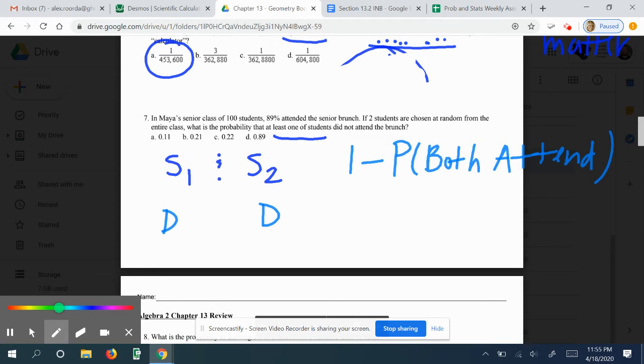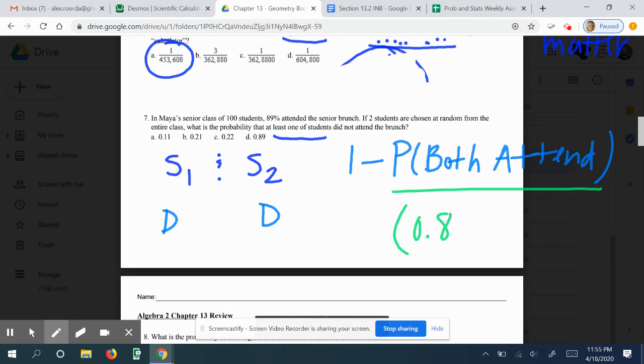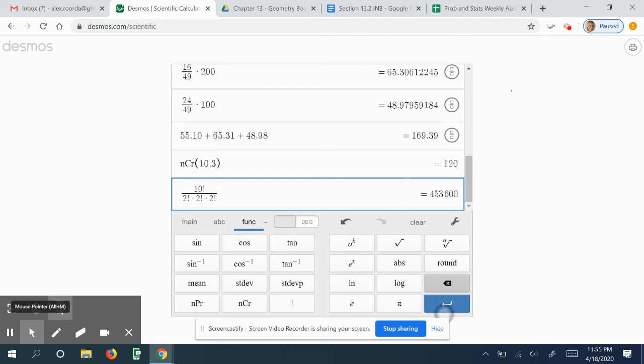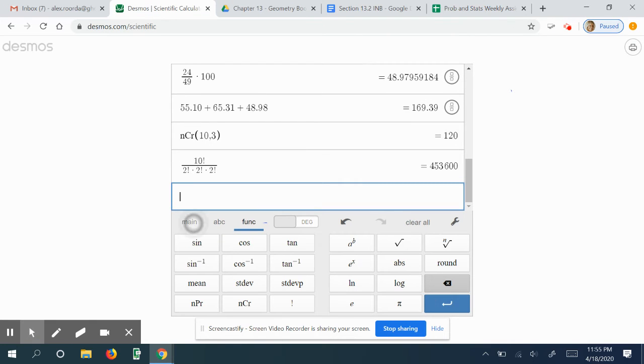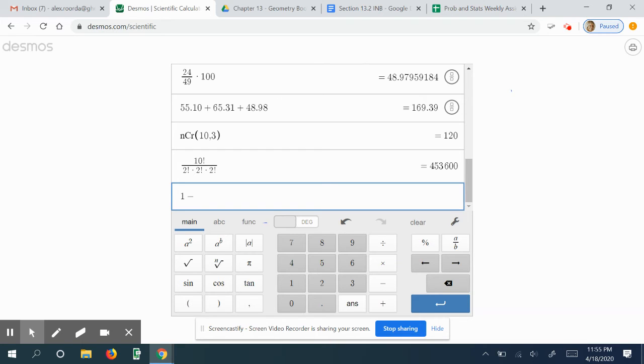So what we're going to do is we're going to say the probability of them both attending is this. Okay, so it says the first student attending the brunch was 89%, so 0.89. Probability of the second one, 0.89 also, right? And so I'm going to do 1 minus this, and if I go to my calculator, 1 minus, and then in parentheses, 89% of the first student and 89% that the second student goes.